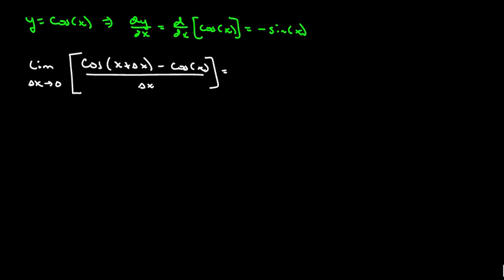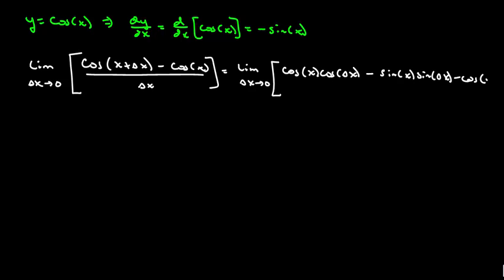Now we'll use our sum and difference here. So this will be the limit as delta x goes to 0. This is cosine x cosine delta x. Now we switch signs, so minus sine x sine delta x, minus cosine x, all over delta x.